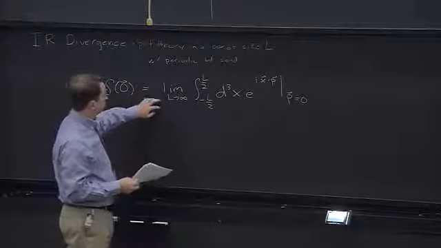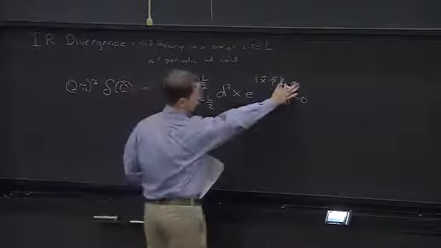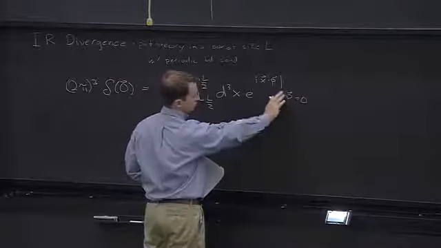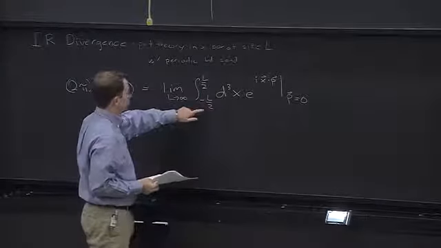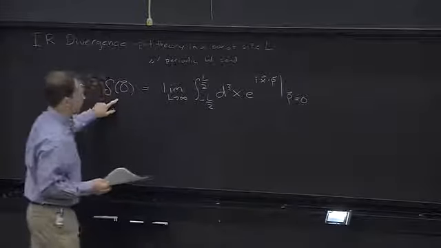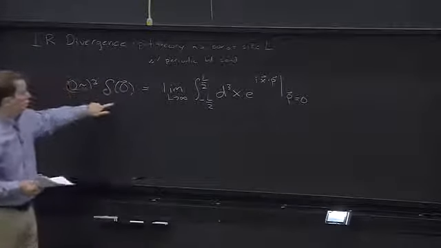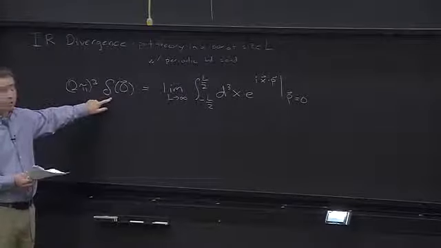This integral, if we forget about setting p equal to 0, would just give us delta of p times (2 pi)^3. We would just get delta of p, and then if we set p to 0, we get delta of 0.